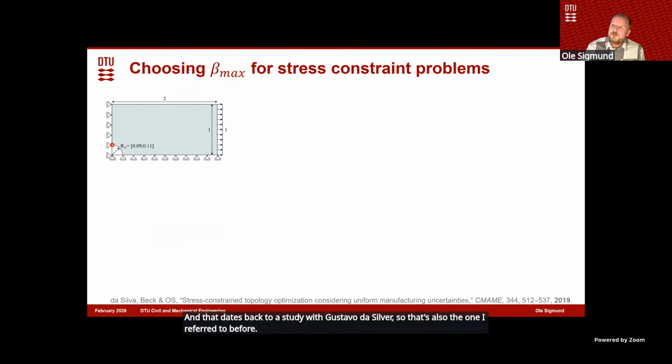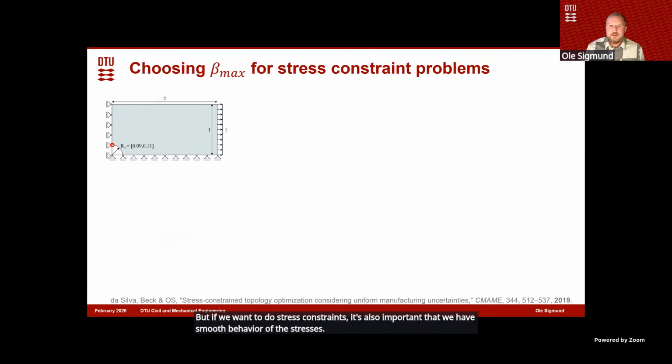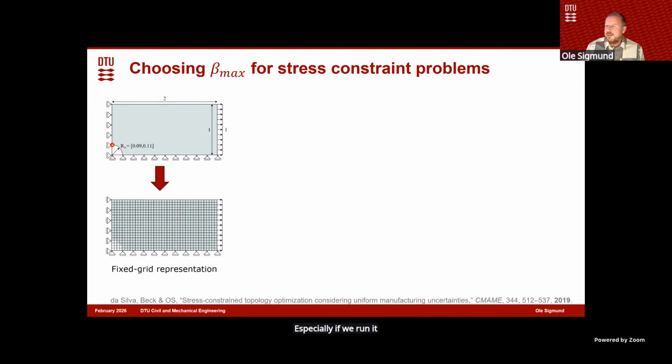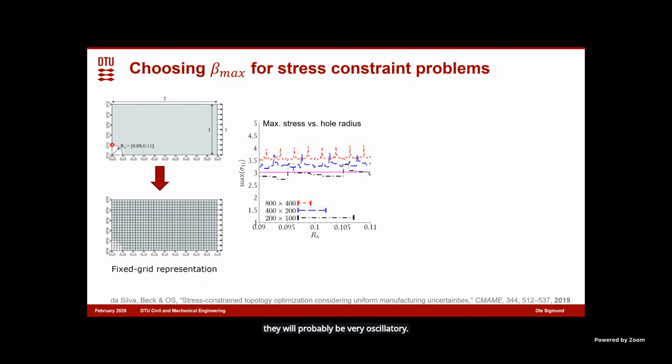But if we want to do stress constraints, it's also important that we have smooth behavior of the stresses, especially if we run it on a fixed grid and evaluate the stresses in the centers. So we did this fixed grid test case where we took a hole. We know what the stresses should be, but with a fixed grid and these jagged edges, they will probably be very oscillatory in the radius.